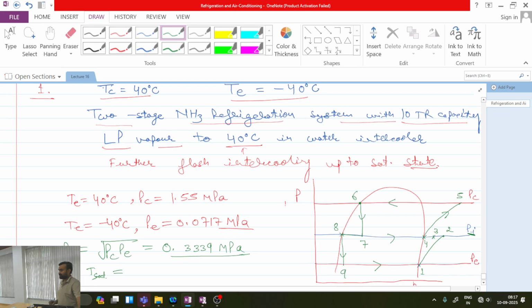Tell me how much is this saturation temperature corresponding to 0.3339 megapascals? No, it is not exact actually. Minus 6.5 degrees Celsius. Correct.